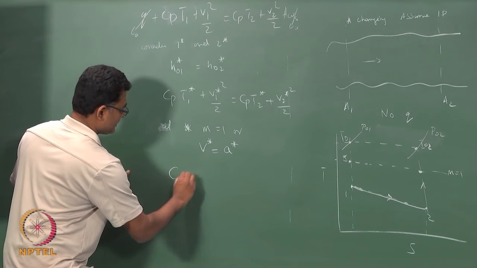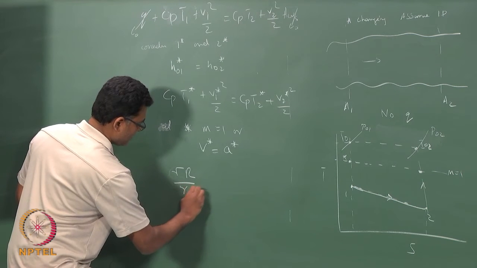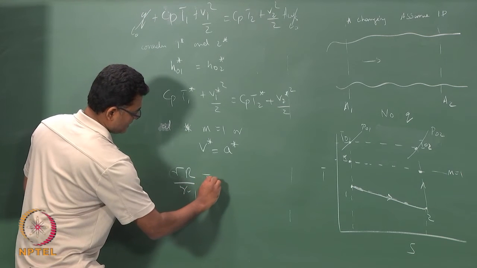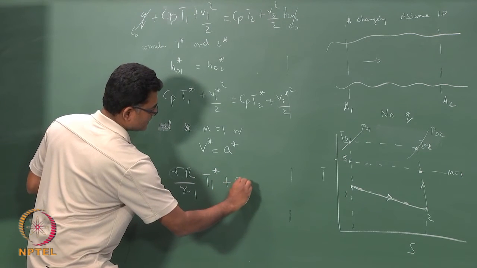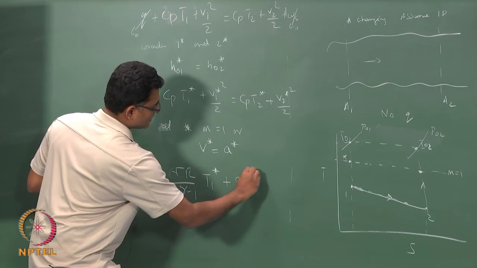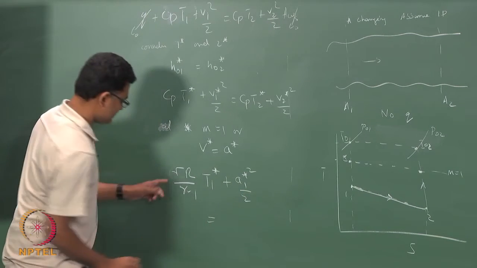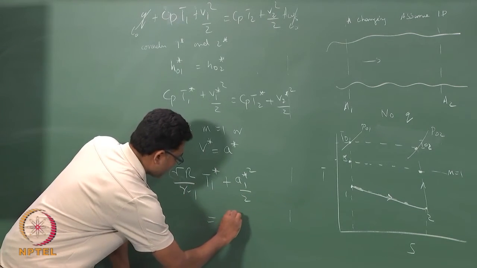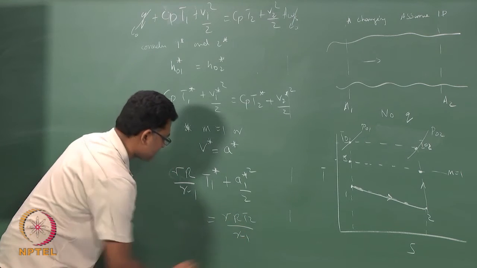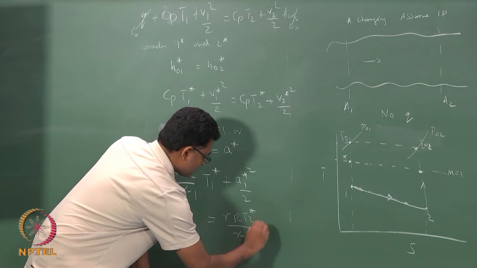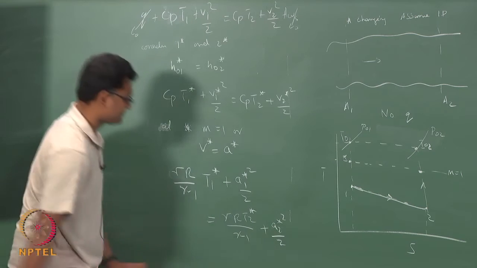So, what I will do is Cp, I replace it as gamma R by gamma minus 1, T1 star plus A1 star square by 2 equals the other side, the second point, gamma R T2 star by gamma minus 1 plus A2 star square by 2.